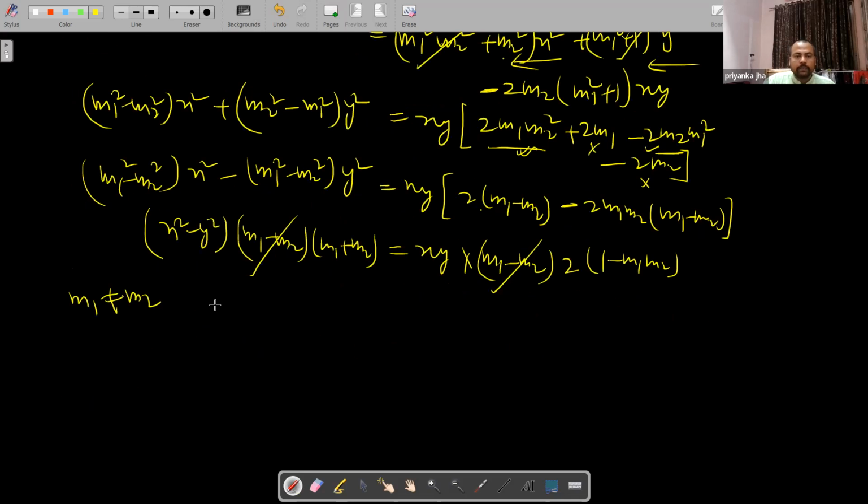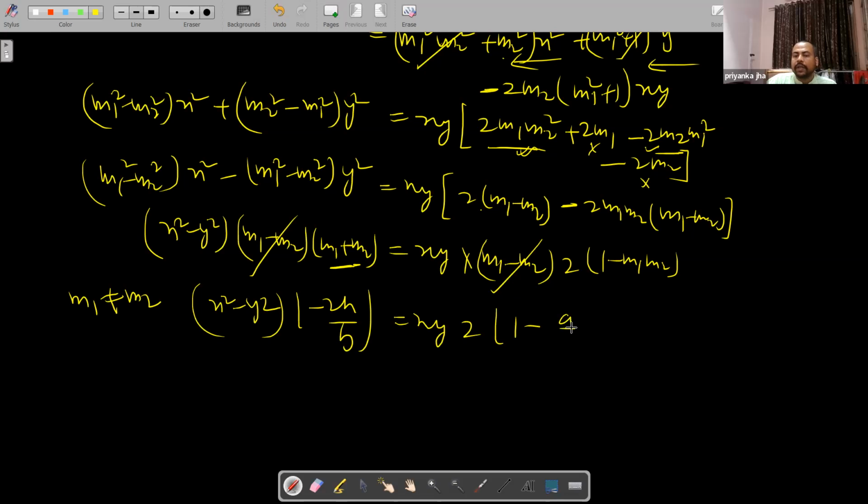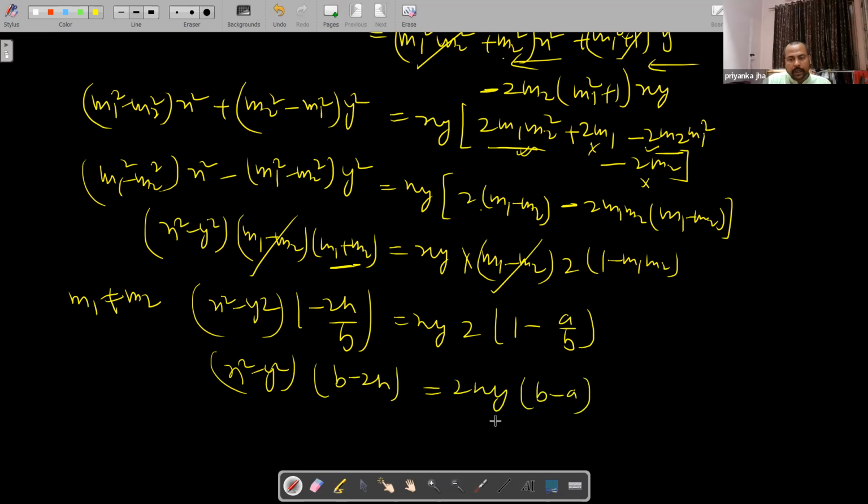From here, if you see x square minus y square into this, m1 plus m2. What is this? This is minus 2h by b, and xy, this is 2, and here it is m1 into m2, that is a by b. So just take LCM. This is b minus 2h equal to 2xy b minus a. b cancel.